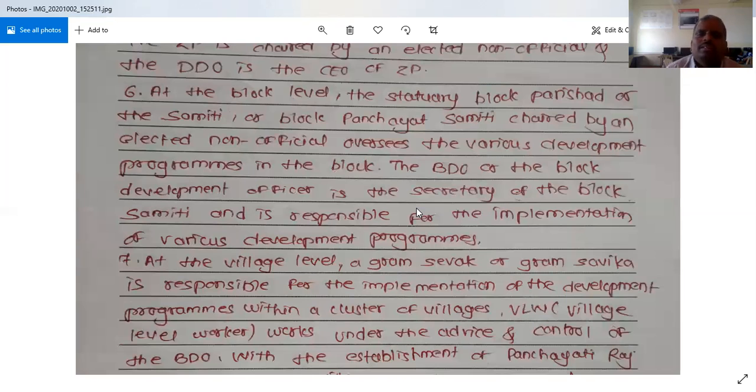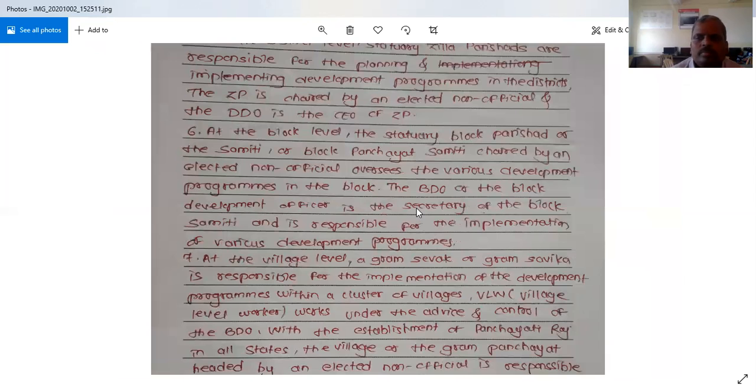At the block level, the statutory block Parishad or the Jilla Parishad Samiti or block Panchayat Samiti is chaired by an elected non-official overseer of various development programs in the block. Now at the block level, what the statutory block Parishad or the Samiti does is that the elected non-official overseers come there and help in the development of the program.